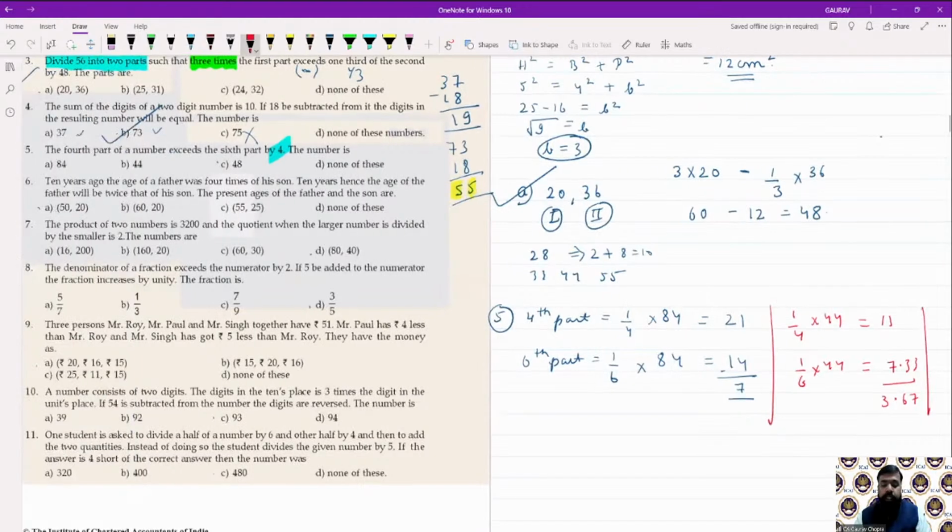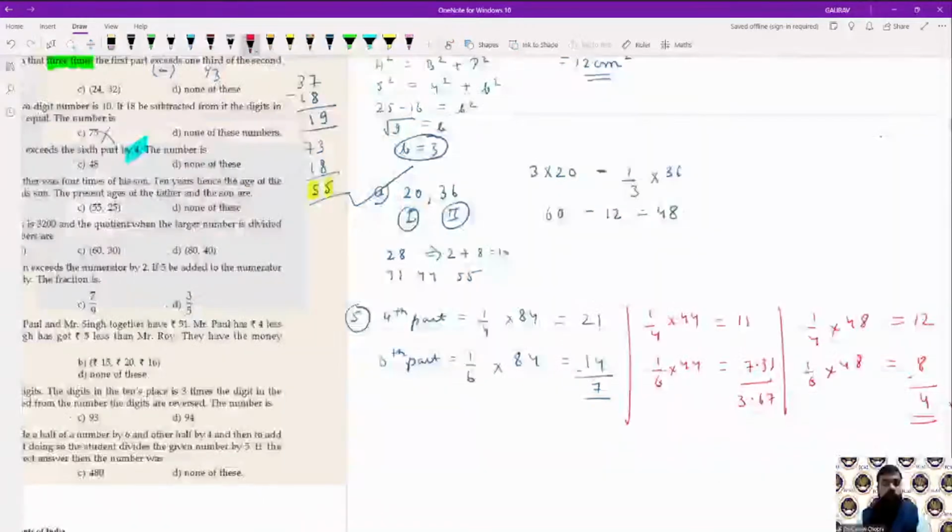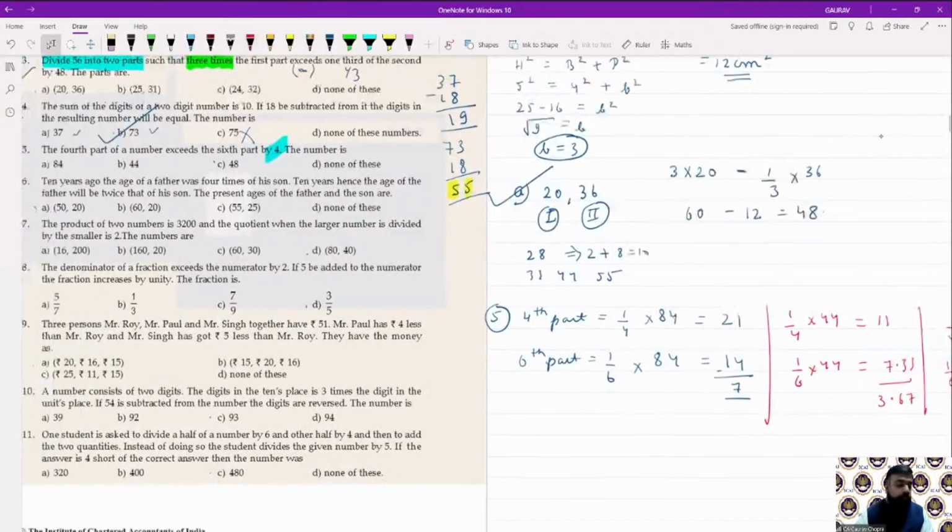Then let's check the next one. Next option is 48. So 1/4 of 48 is 12. 1/6 of 48 is how much? 8. And now the difference is 4. So this option number C will be correct.